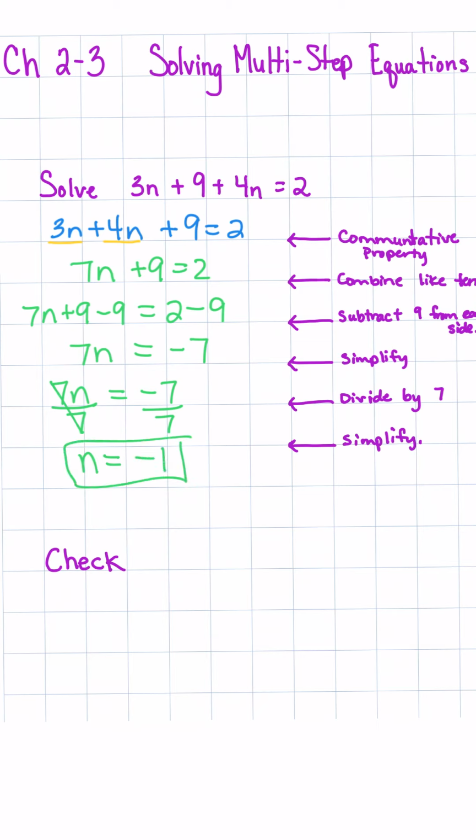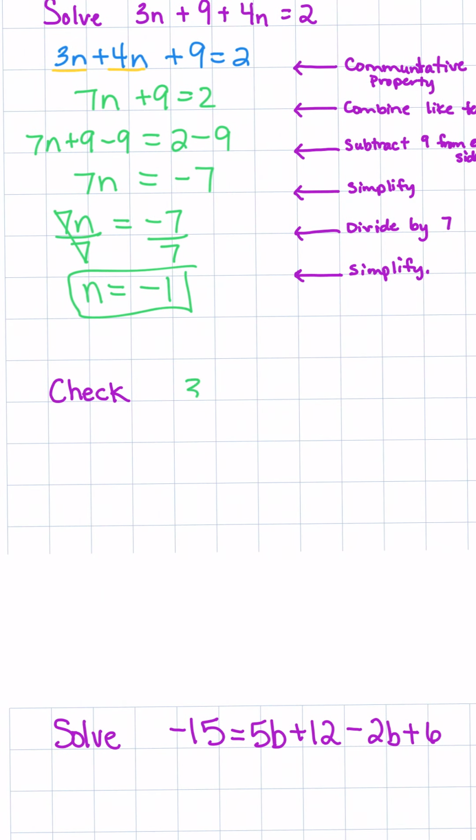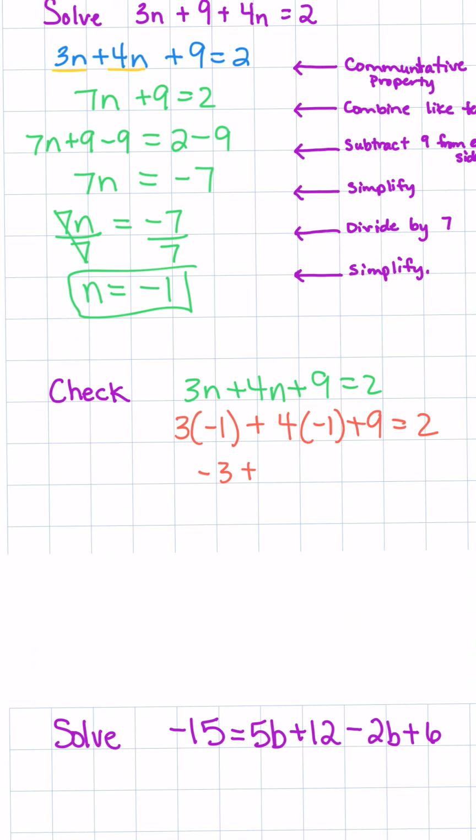Let's check to see if that's correct. If we plug n equals negative 1 into the original equation, 3n plus 4n plus 9 equals 2, we're going to have 3 times negative 1 plus 4 times negative 1 plus 9 equals 2. 3 times negative 1 is negative 3, plus 4 times negative 1 is negative 4, plus 9 equals 2.